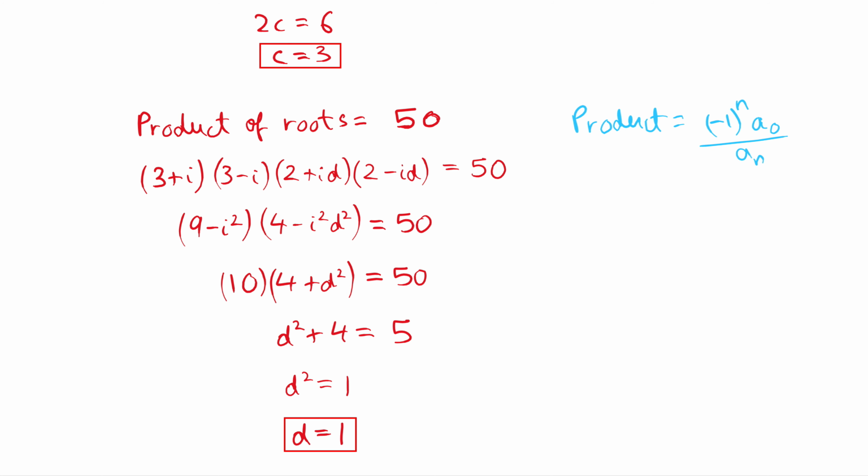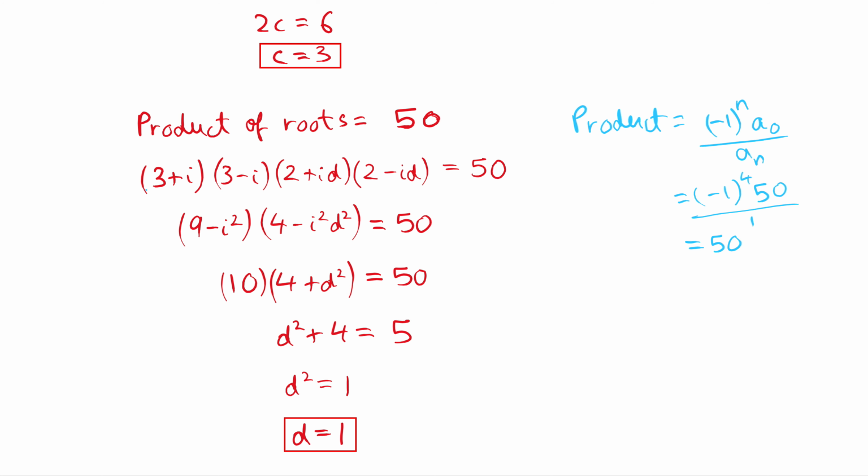In this formula, a_0 represents the constant term in the polynomial, a_n represents the coefficient of the largest power, and n represents the degree of the polynomial. So the product will be given by negative 1 to the power of 4, which is the degree of the polynomial, times a_0, which is 50, upon a_n, which is just 1, which is equal to 50. So we find that the product of roots is equal to 50.